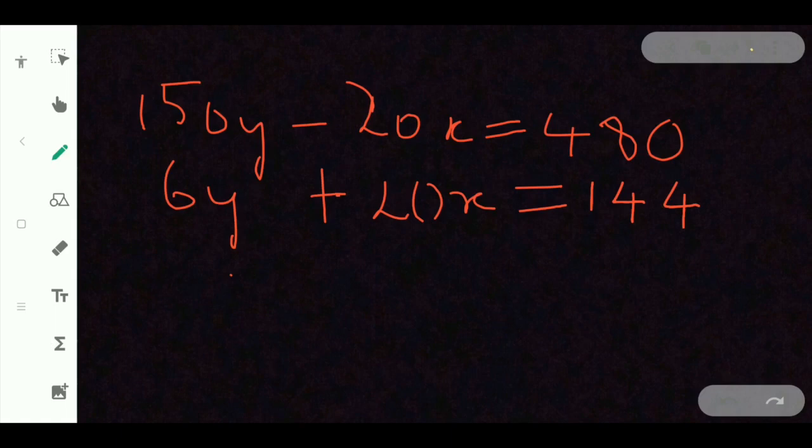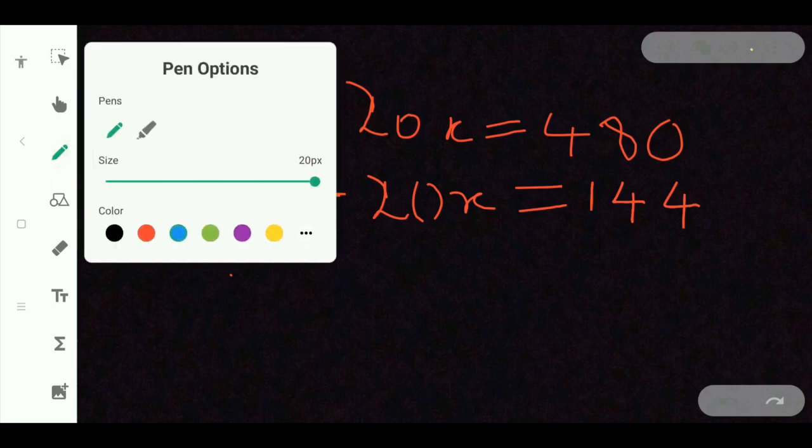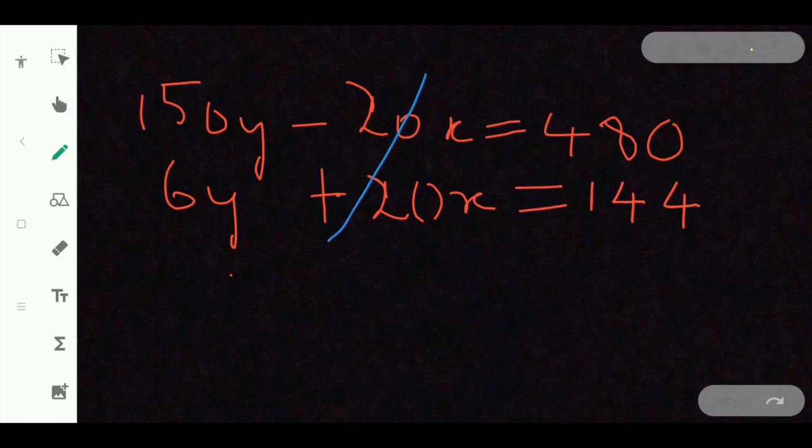So here we are having minus 20x and plus 20x. So 20 minus 20 is nothing but 0. So they will automatically be cancelled and there is no need of changing signs.